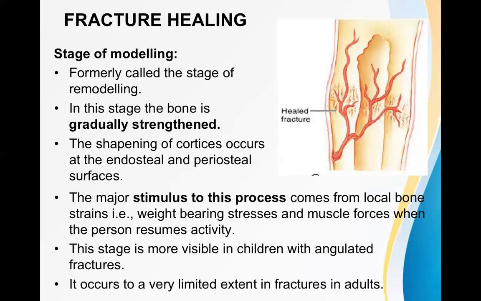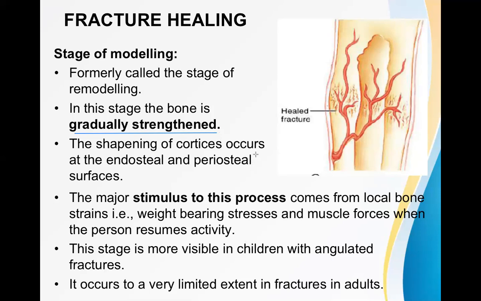Now the last or final stage of fracture healing is the stage of modeling. So what happens at this stage? Let's talk about it. In this stage, the bone is gradually strengthened, and it is very difficult to identify the fracture site.